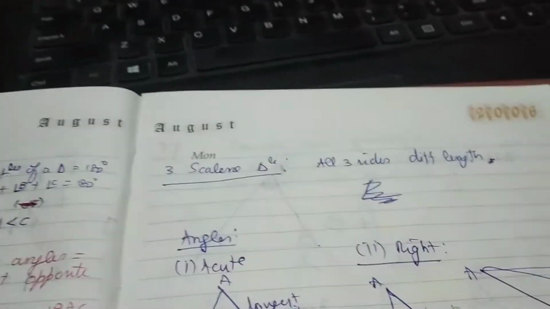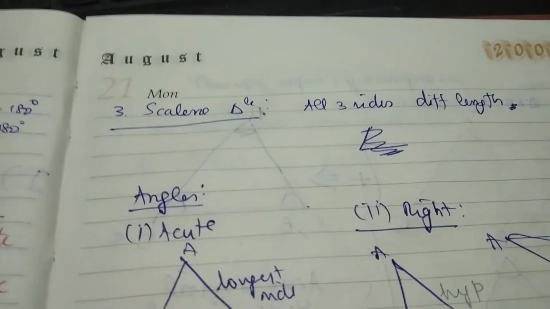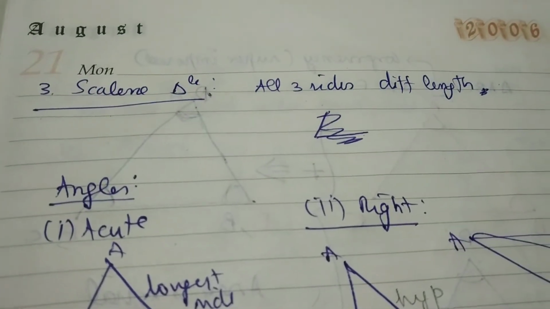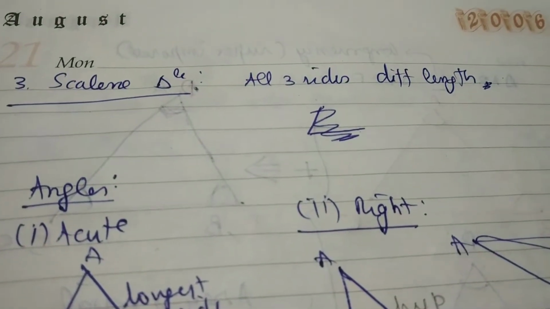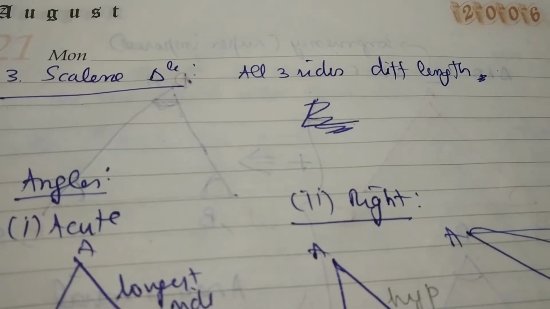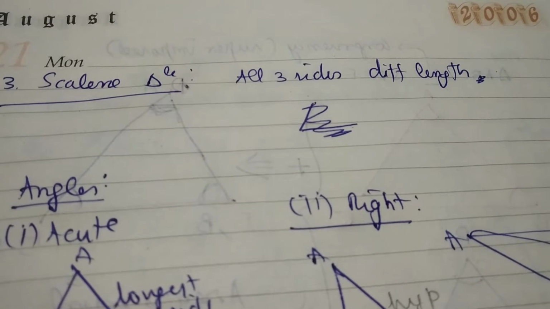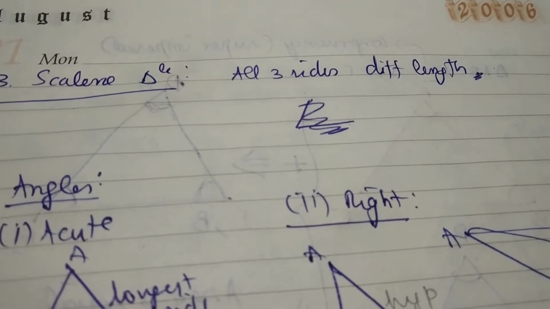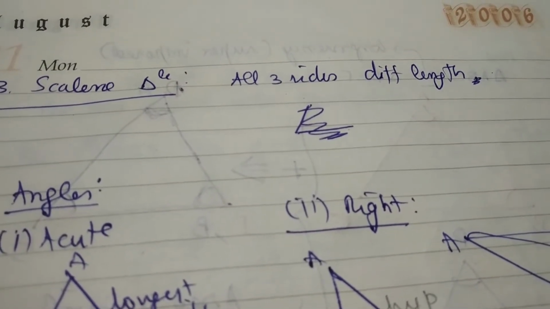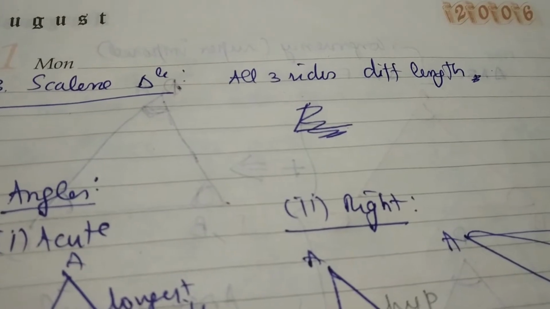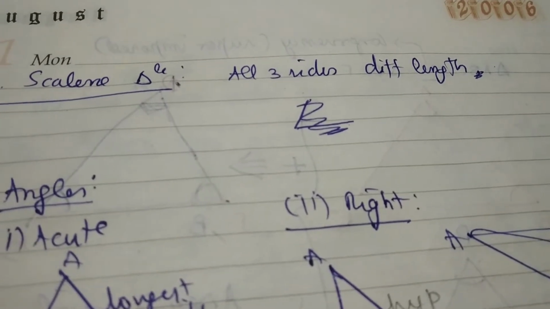Correct? Scalene triangles is not so important in GMAT or CAT perspective, but you have to know what is a scalene triangle. In a scalene triangle, all the three sides will be of different length. In addition to this, a scalene triangle follows all the properties of triangles.